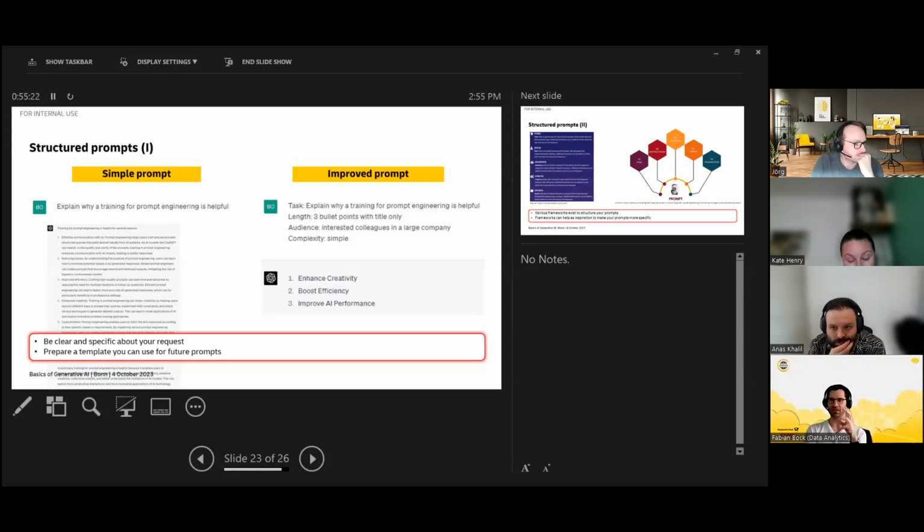So if you think about a structure that you want to give to the machine, it helps you to directly get a better answer. Instead of making this refinement, where you first ask for a task and then you see, okay, no, it's too long, I want to have it in bullet points, think about the structure and give it directly to the machine. This can be helpful to get a specific answer from the model.